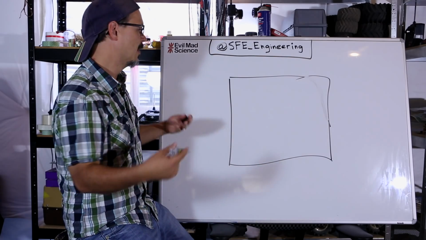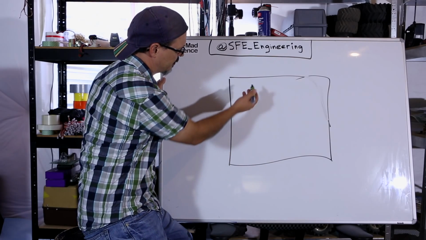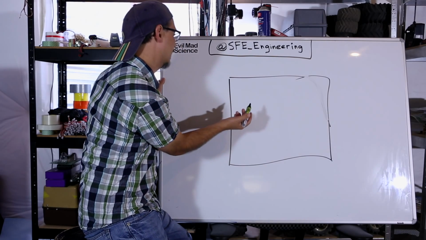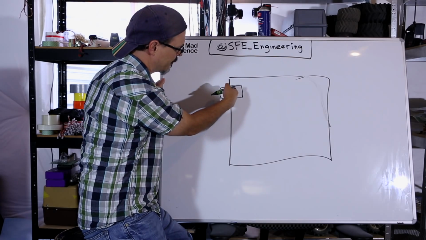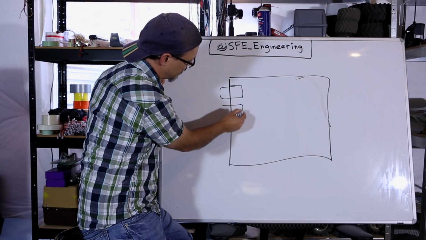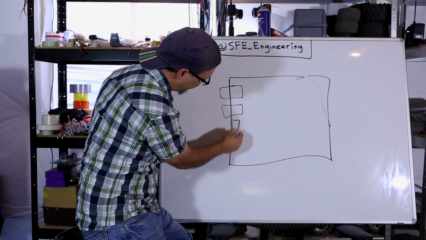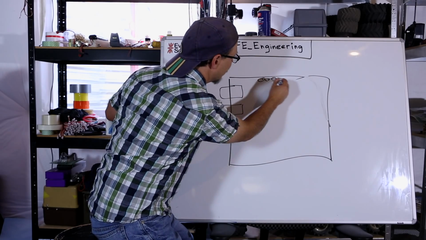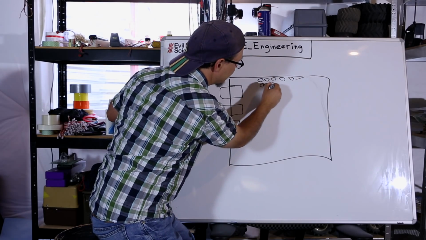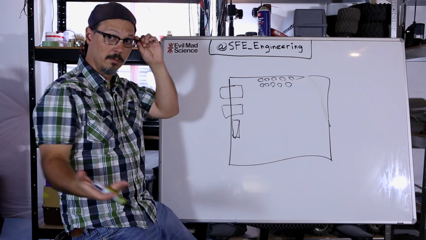How's the signal going to flow? Where are my inputs? Where are my outputs? How's the power going to get in? So you might do something like, you've got a jack here of some kind. Maybe this is a barrel jack. You might put a USB here. You might put a slide switch here. And then maybe you've got some ports up here. And like I say, this is going to depend on what you want to do with your circuit.